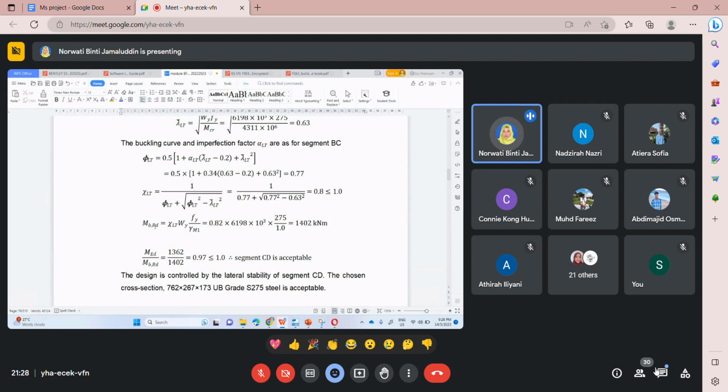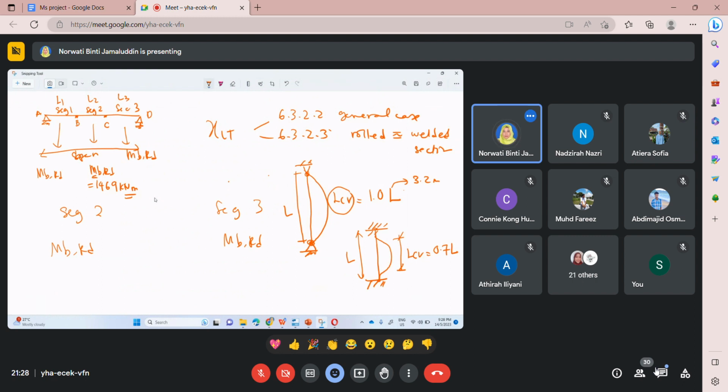For segment CD, the MbRd is 1,402 kilonewton meter. In this case, this is the 3.2 meter segment. This segment will buckle first. It will fail first compared to segment 1 and segment 2.